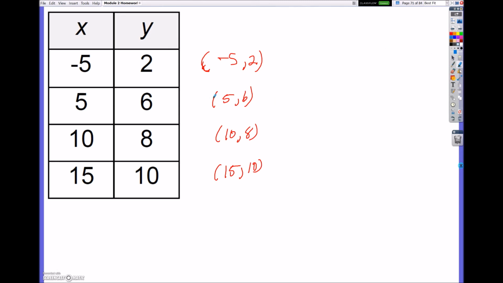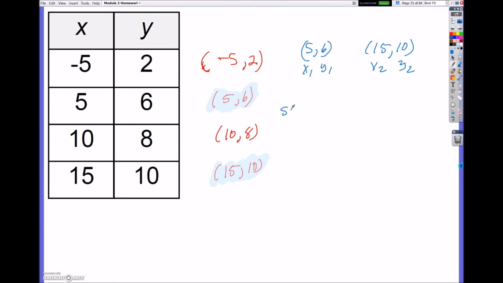And just by random, I'm going to choose this point, 5, comma 6, and 15, comma 10. There's no reason why I chose those points. You could have chosen any 2. So now I'm going to, in blue, write these over here. I have 5, comma 6, and I have 15, comma 10. And this is my x1, this is my y1, this is my x2, this is my y2.